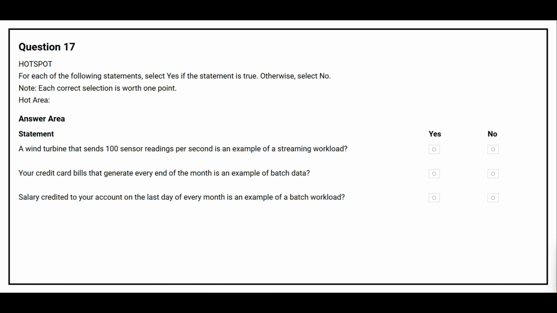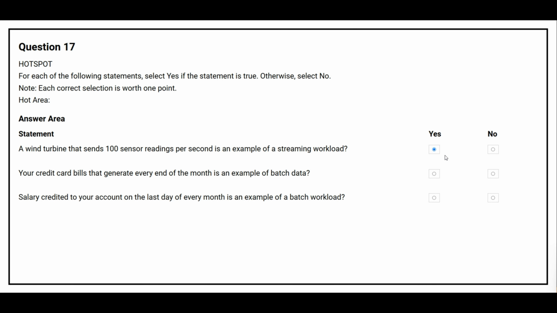Question number 17. For each of the following statements, select yes if the statement is true, otherwise select no. The first statement is a wind turbine that sends 100 sensor readings per second is an example of streaming workload. The correct answer is yes.